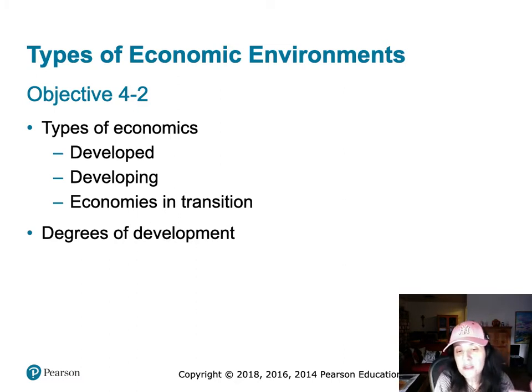So under the economies in transition, we have countries like Afghanistan, Democratic Republic of Congo, and so forth, or Zambia, or Nigeria. Most of the countries in Africa fall under economies in transition. And in these economies, the average per capita income is among the lowest in the world, okay?